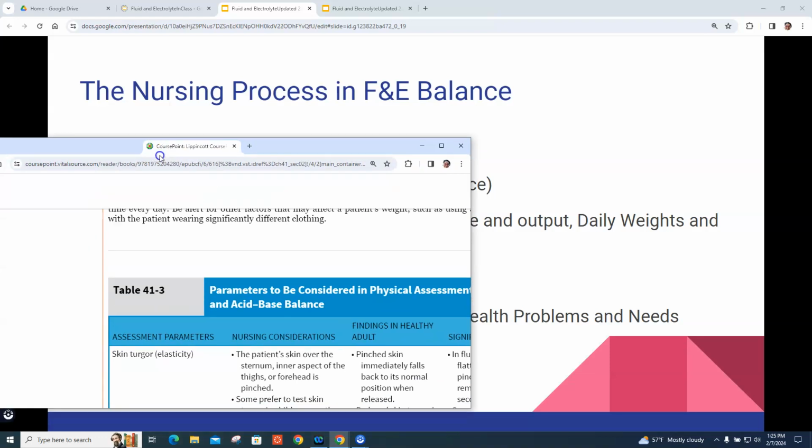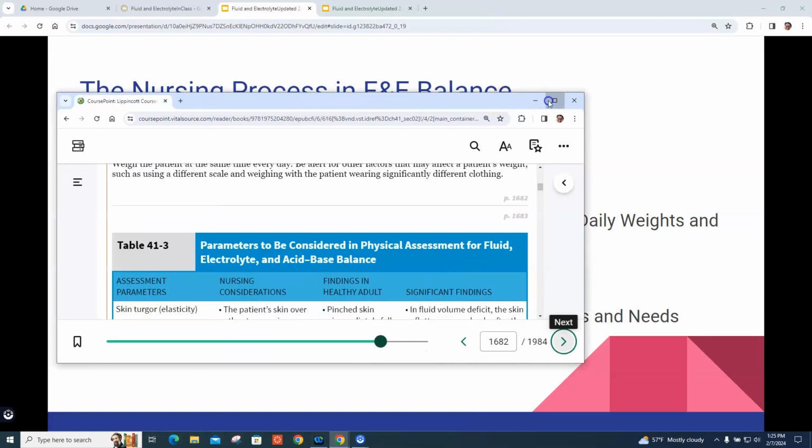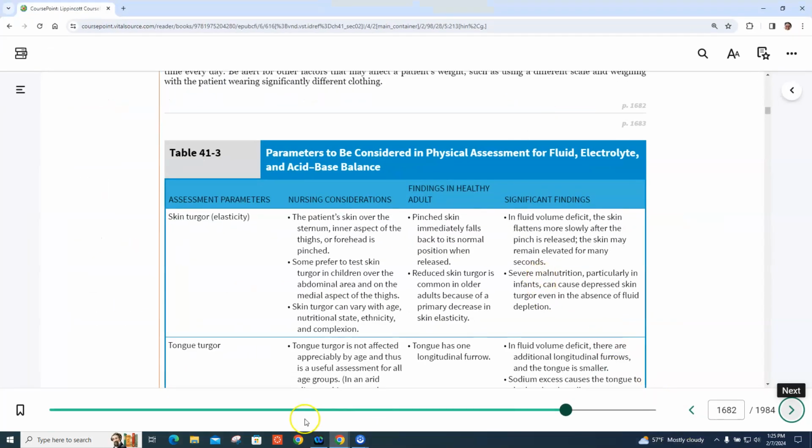Here is your general assessment. This is the box that I want you guys to look at. These are parameters to be considered in a physical assessment for fluid, electrolyte, and acid-base balances. However, just remember we're not doing acid-base balances.